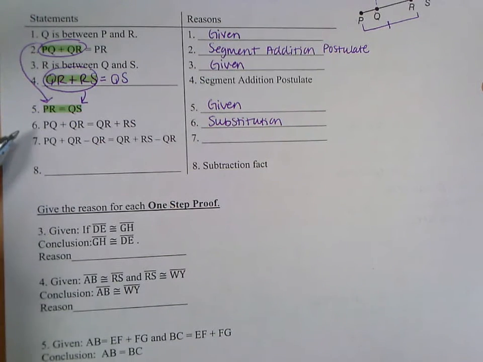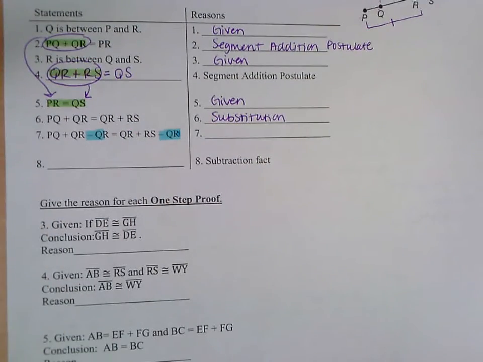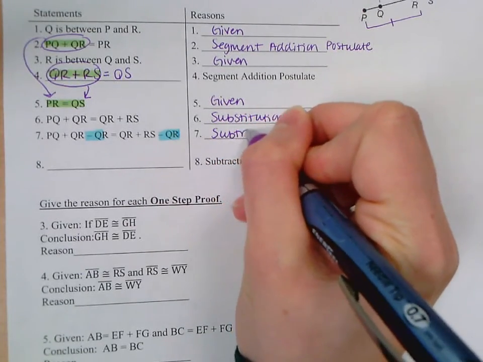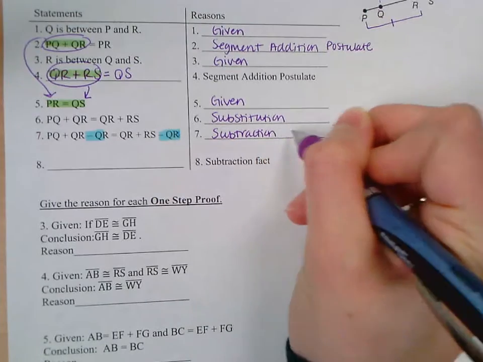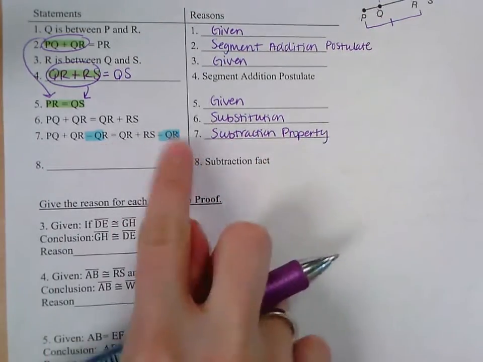So they're taking line 6, and all that is changed for line 7 is the minus QR on both sides. It's not identity of addition. It's the subtraction property of equality, because you are subtracting the same quantity from both sides.